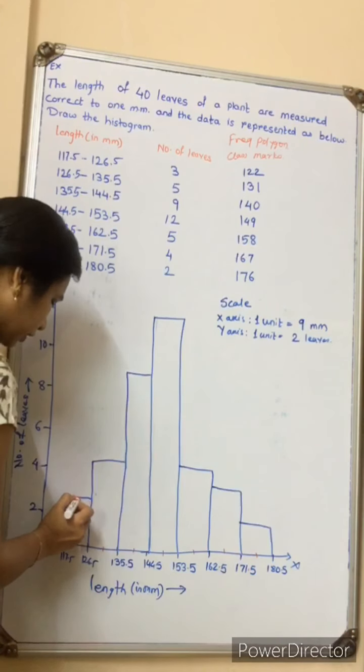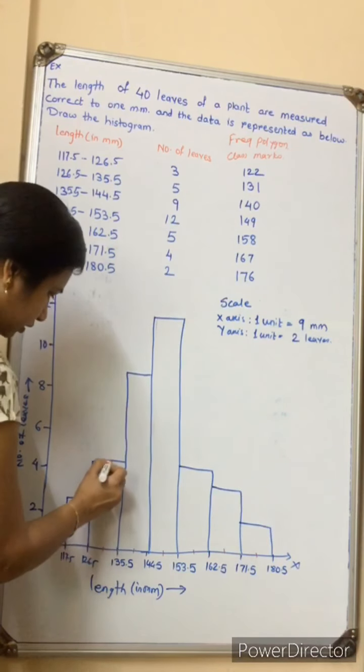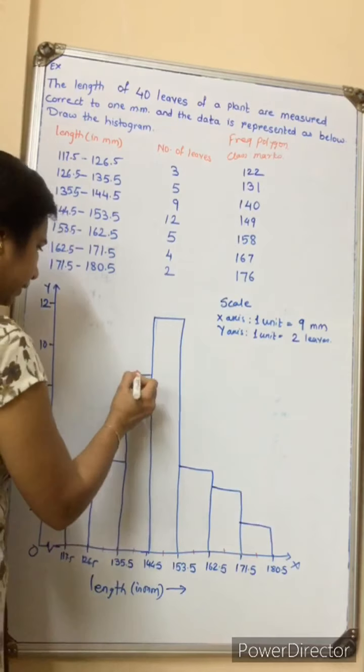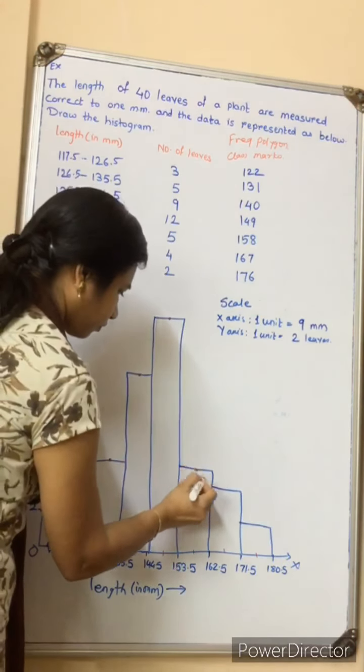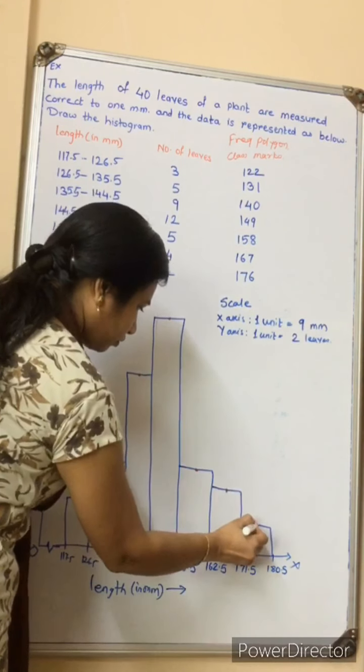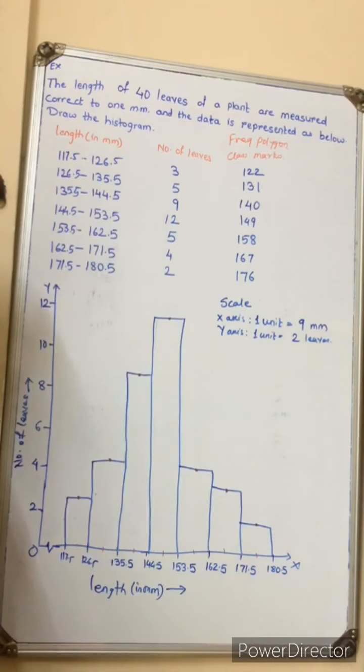You just mark it at the center of the bar, or you can draw it directly.